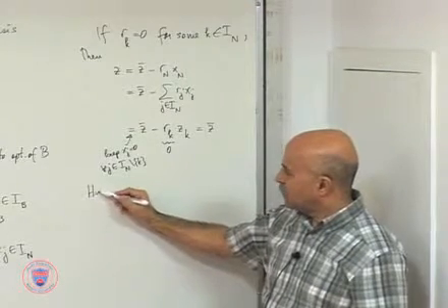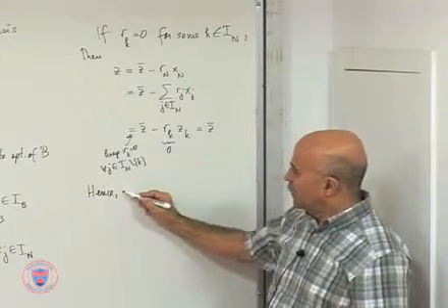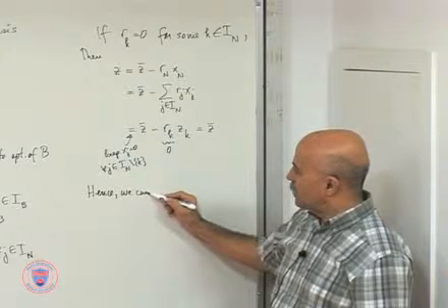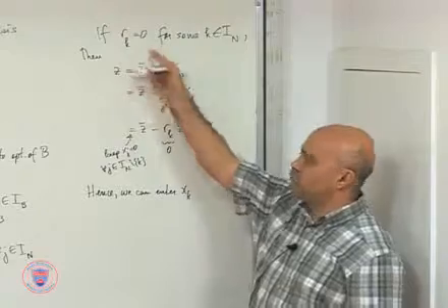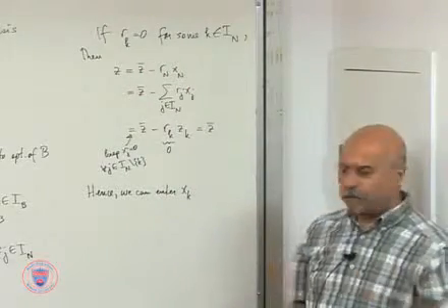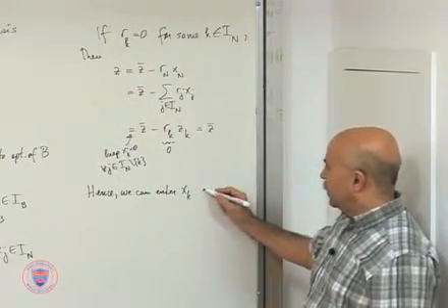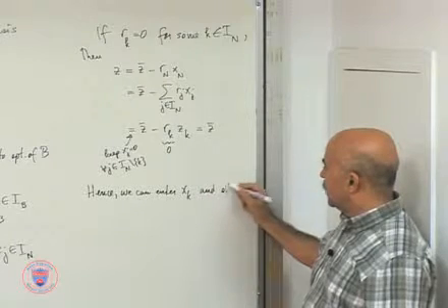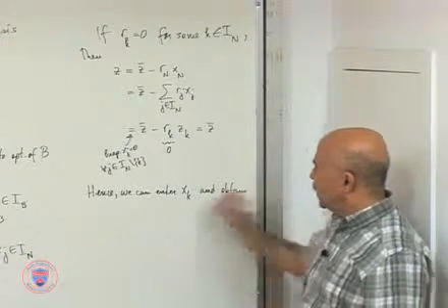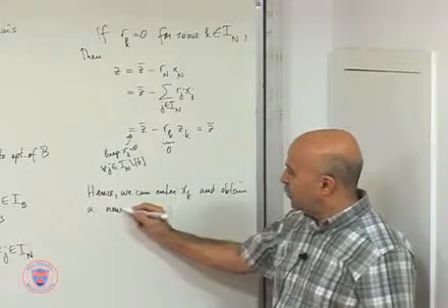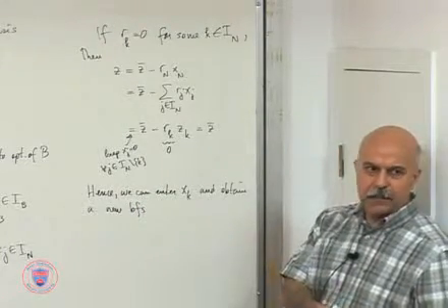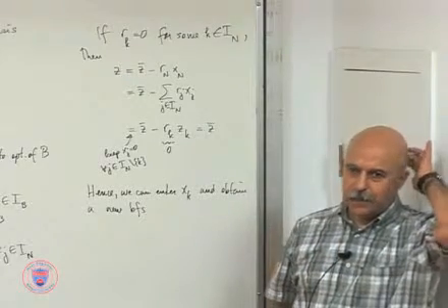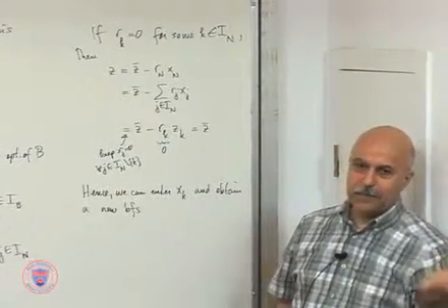Hence, we can enter xk whenever, of course, rk is equal to 0 in the optimal tableau and obtain a new basic feasible solution where xk becomes basic and somebody else becomes non-basic. Who is that somebody else?